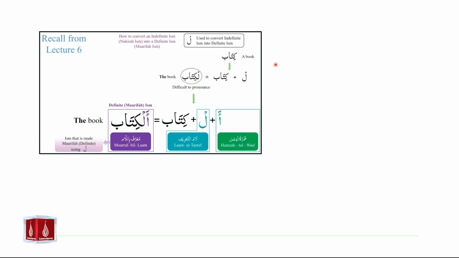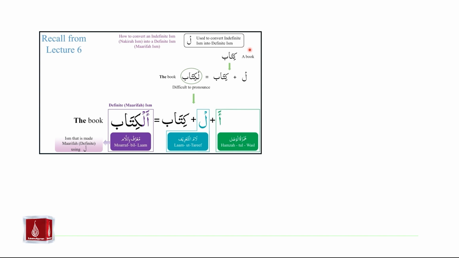We will be studying Laam in several different forms throughout this course. If we recall from the 6th lecture, one version of Laam that we studied was what we called Laamut Tarif. Laamut Tarif is used to convert an indefinite ism into a definite ism.